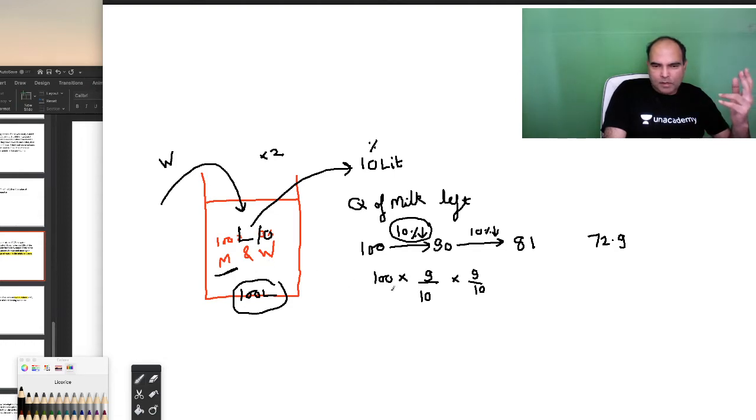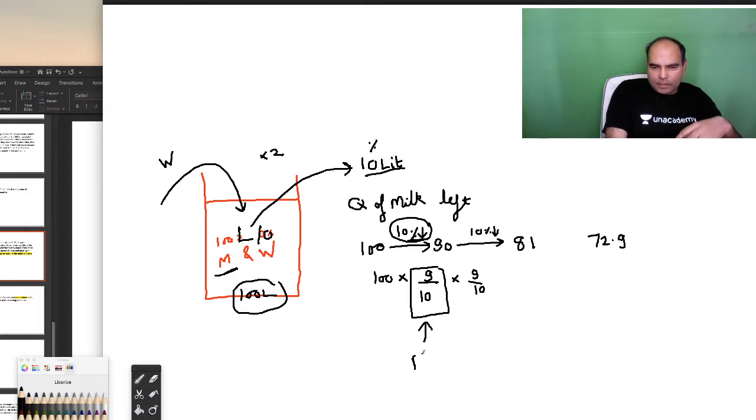And second is, what is the logic of 9 by 10? If you are reducing something by 10%, it also means multiplying by 9 by 10. Right? So this can be thought of as, when out of 100 liters you are taking out 10 liters, you are leaving behind 90.